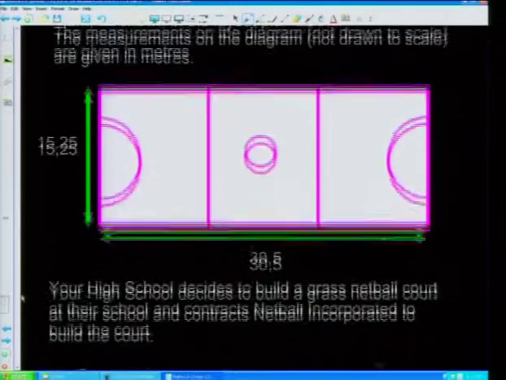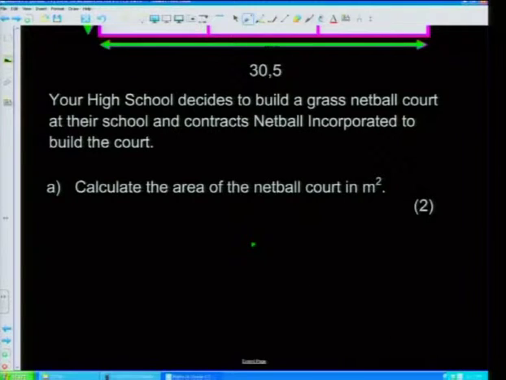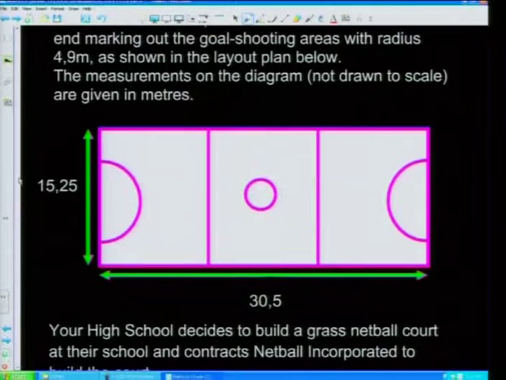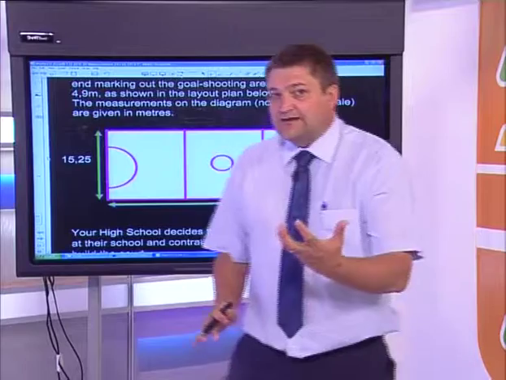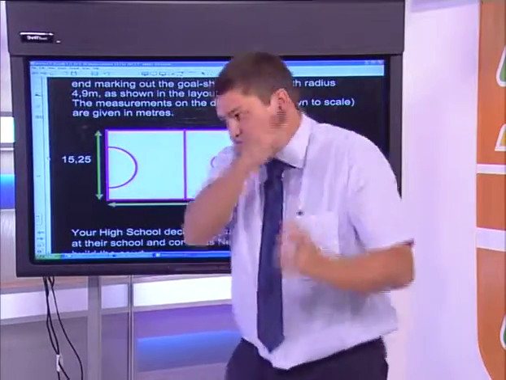Away we go. First question then, calculate the area of the netball court in meters squared. Guys, it's 2 marks. We knew it was going to be easy. My netball court is a rectangle. How do I calculate the area of a rectangle? Area is length times breadth. So let's do that.